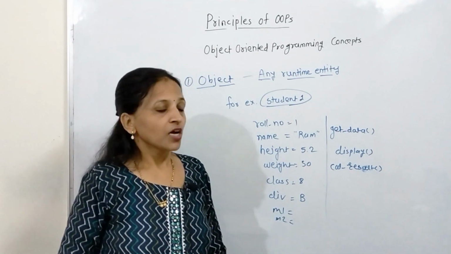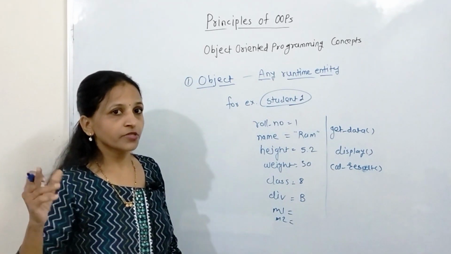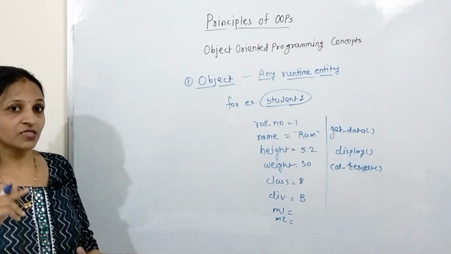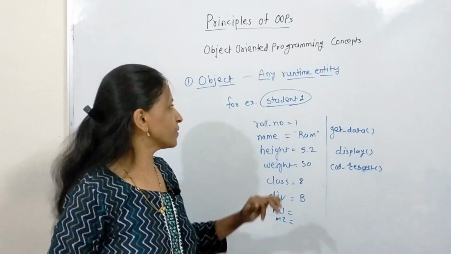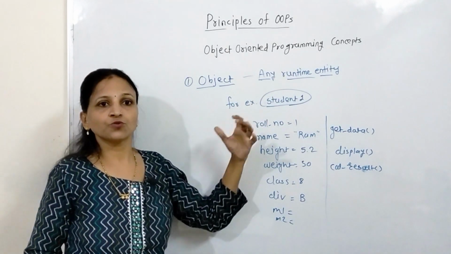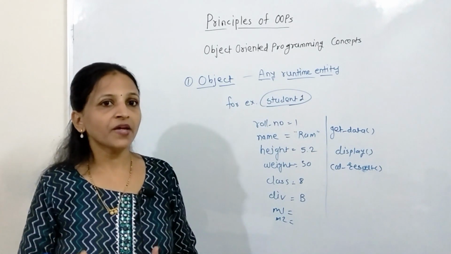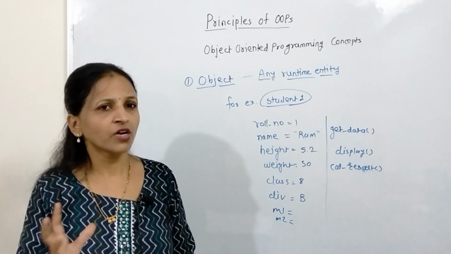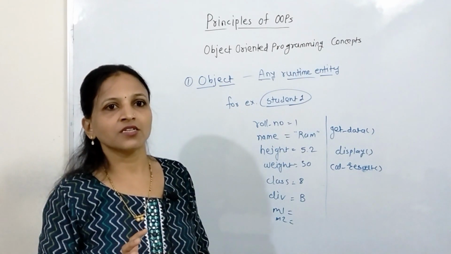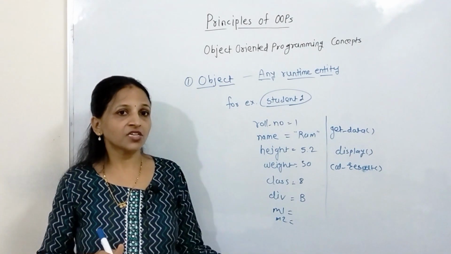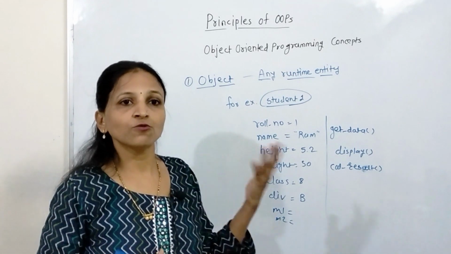Now see, we have seen that structures concept in C language. So using that structure concept we can represent entity like that student, and one variable of that structure is representing one object of that student structure. Getting? And that structure is nothing but a way to create user defined data.